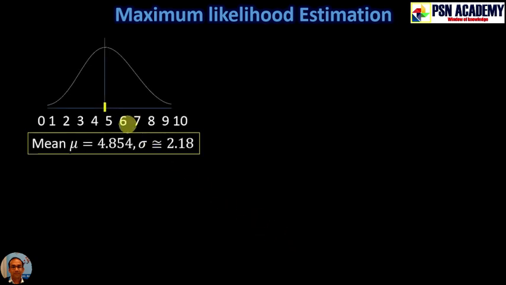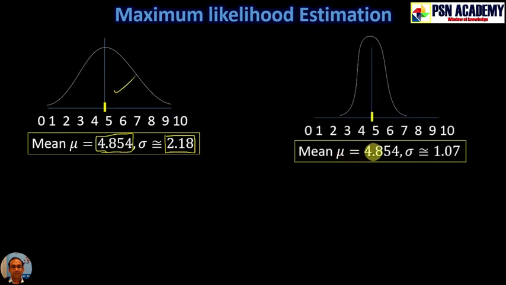Now look at this figure. We have a mean of 4.854 and we have a standard deviation approximately 2.18, and the figure goes like this. We have a mean of the same value, that is 4.854, and we have a different standard deviation now. There is a lesser standard deviation, that is 1.07, and for that the figure goes like this.